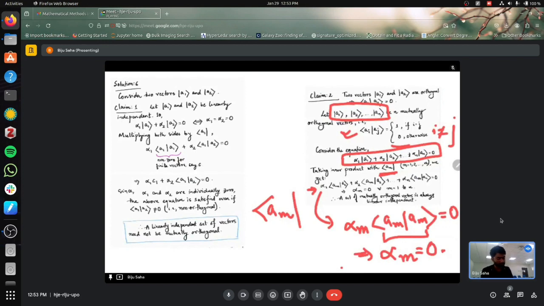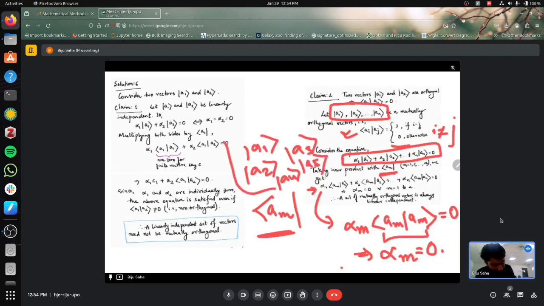Since the choice of vector a_m was completely arbitrary, we could have chosen anything in between. Suppose we have 5 such orthogonal vectors. I could have picked m equal to 3 and got alpha 3 equal to 0.